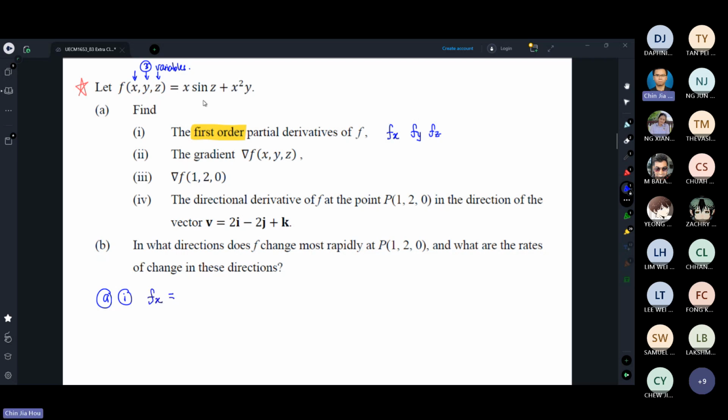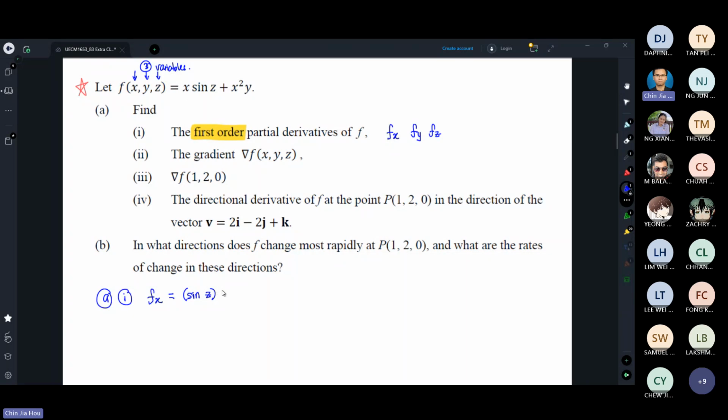So in this case, let's begin with fx. Noticing that both of the terms under this f function have x, we are going to treat the z and the y as a constant. So let us just write down what are the constants. We write them down, and then we differentiate the x.